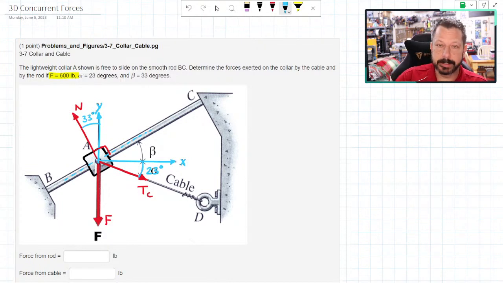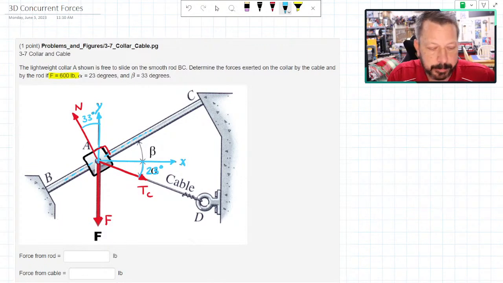So that's what beta is telling us. The rod is 33 degrees from horizontal. So a perpendicular force to that angle is 33 degrees from vertical. So that's how I process it. I'm sure there's some other geometry way to go through that, but if the rod is 33 degrees from horizontal, perpendicular to that rod is 33 degrees from vertical.